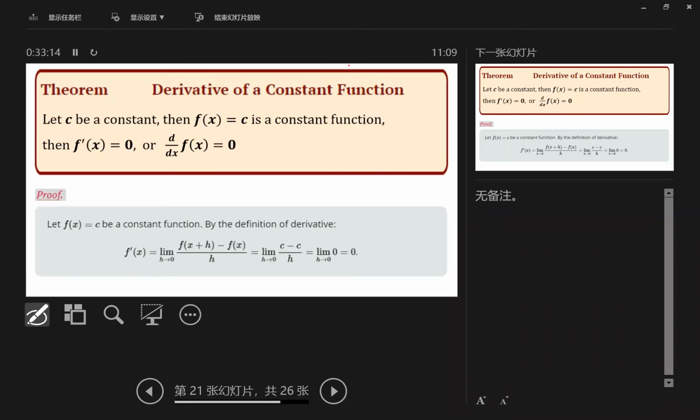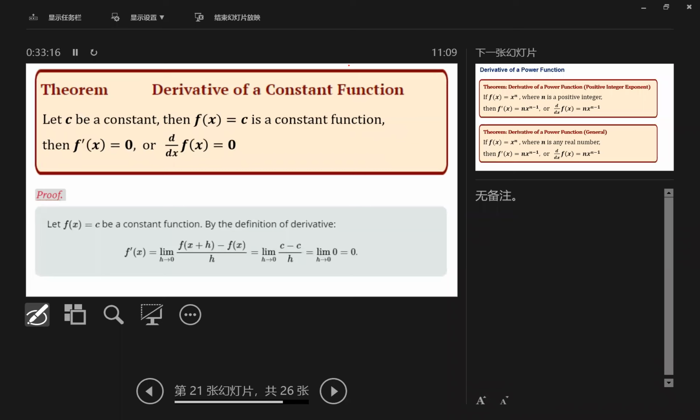Actually, you can prove this theorem very easily by using the definition of derivatives. So here, let's have a look at the proof. We can let f(x) equal c be a constant function. By the definition of derivative, the derivative f prime x equals the limit of f(x+h) minus f(x) over h as h approaches 0, right?